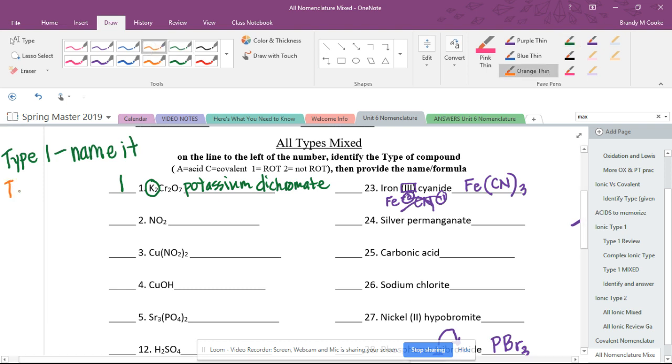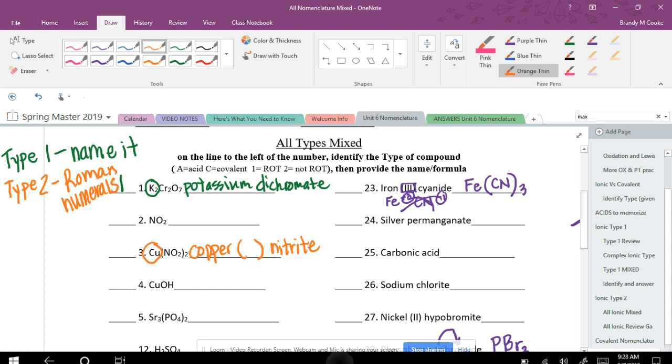Type 2. If we don't know the charge of the metal, it has to have Roman numerals in the name. So looking at number 3, copper, I do not know his charge. So there must be Roman numerals in the name. So I'm going to put copper, and then nitrite. And then I need to figure out the charge. So remember, to figure out the charge, we do the anion charge.